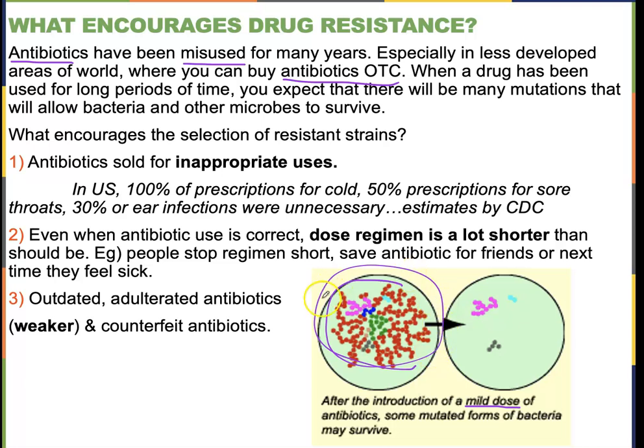When you take a mild dose, when you take doses for inappropriate uses, when you take a dose shorter than you should be, those are all ways that you can create this scenario where you kill off the easy ones to pick off, the really susceptible ones. The ones that have a little bit of an advantage, whether it's a mutation or whatever it is, are going to survive and reproduce.